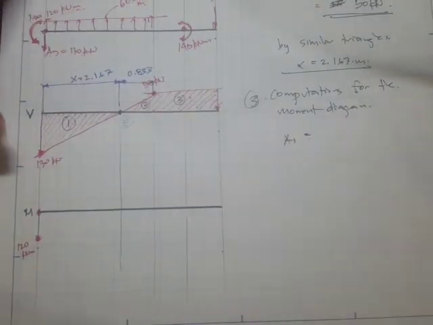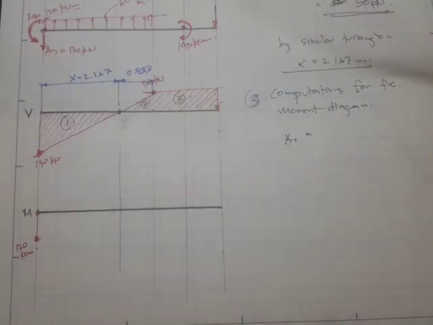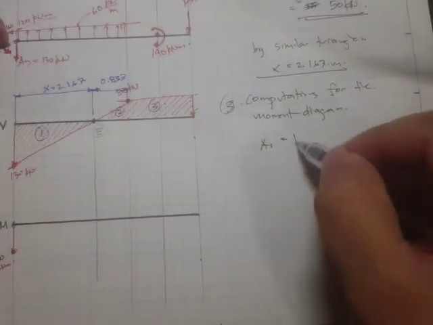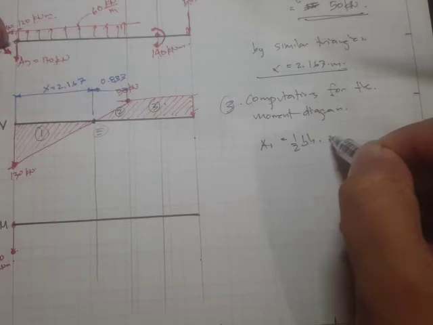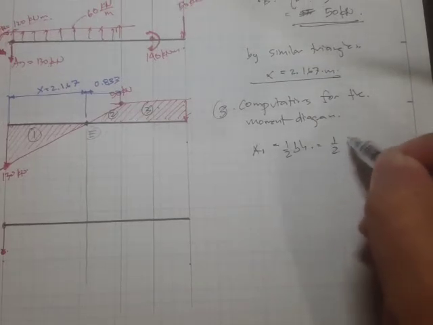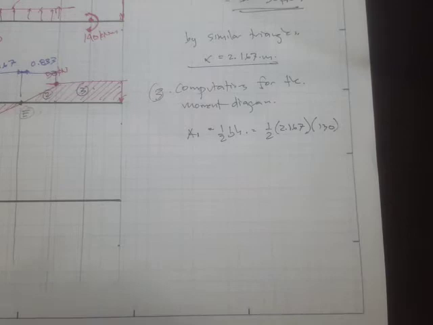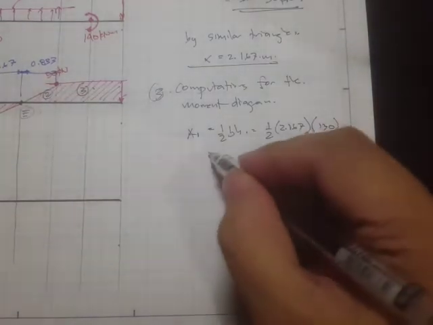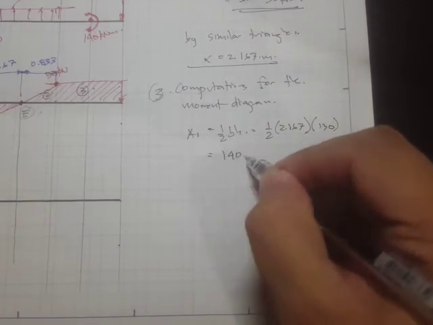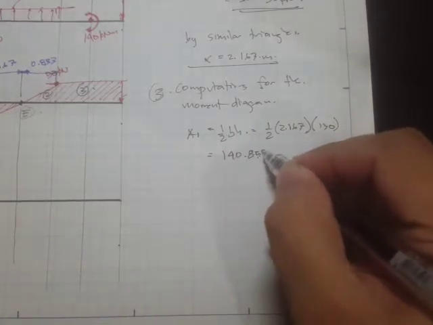So area 1 is 1/2 base times height, and we have 1/2 times base of 2.167 times the height, this is 130, and we get a value of 140, let's say 855.